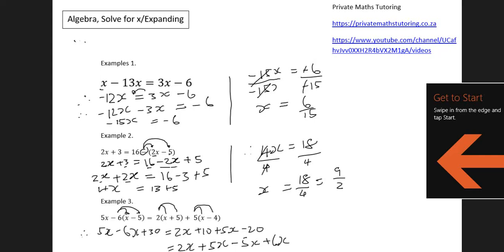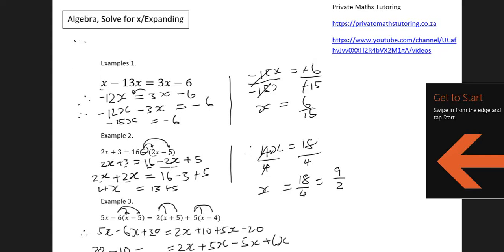So we're taking everything that has x to the right hand side, and we're keeping all the numbers on the left hand side. On this left hand side we have 30, and then we're taking 10 to the other side, so we can say minus 10, because we're taking it to the other side, so it becomes negative.